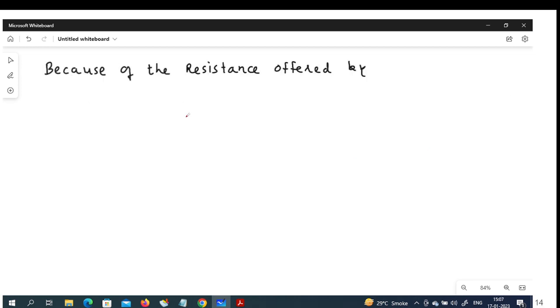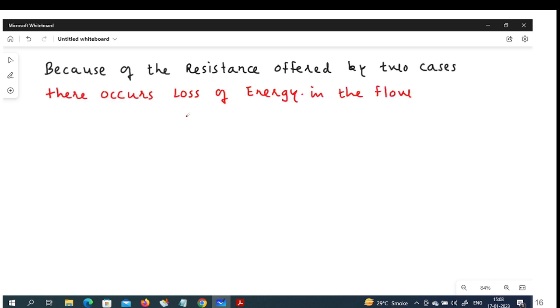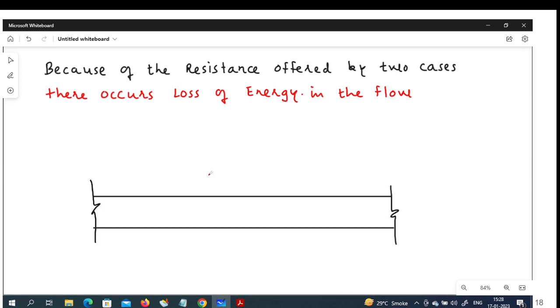Because of the resistance offered by the boundary wall and the viscosity, there is some energy loss in the flow in the pipe. We will see how to understand this energy loss. For that I will take a pipe, and I will define 2 points in the pipe. At each point I will insert a piezometer.